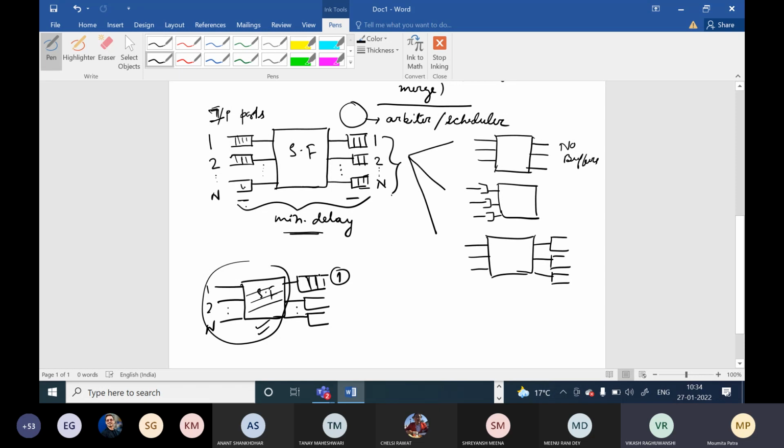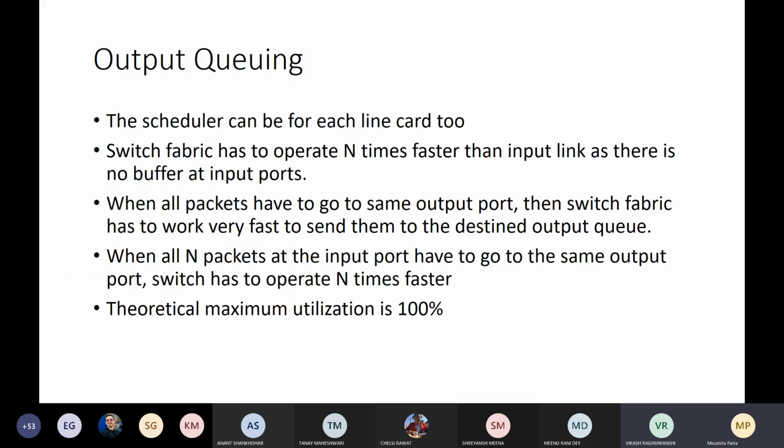The destination is the output port. Then there is the task of the scheduler to schedule these packets which are there in this buffer one by one. All right, so this is what we are basically looking for, if we are having output port buffering, then what is needed in this case.